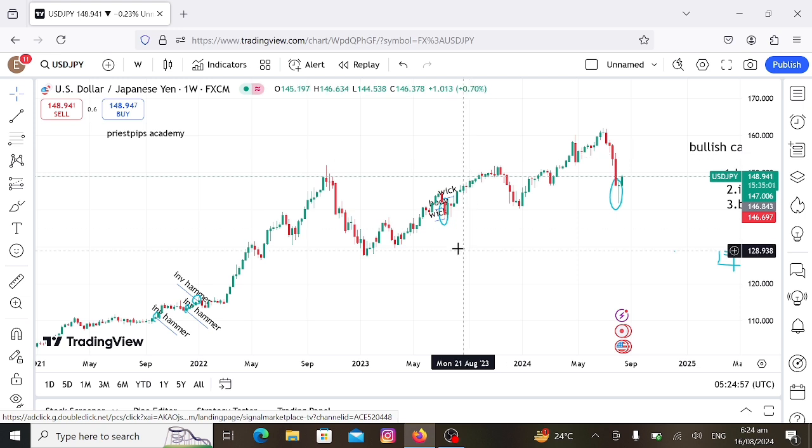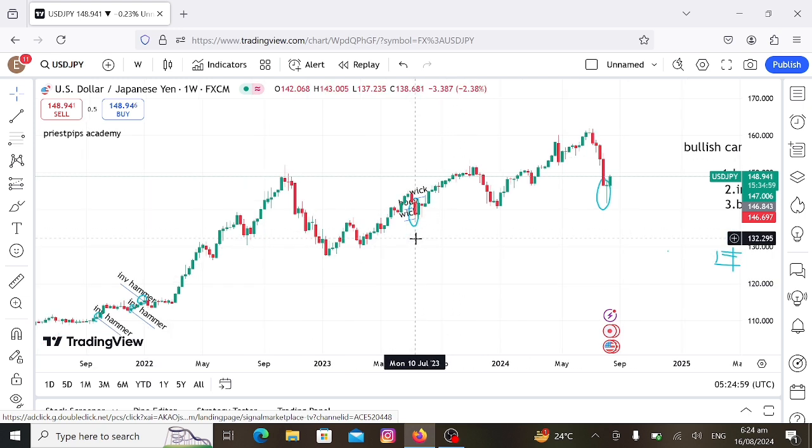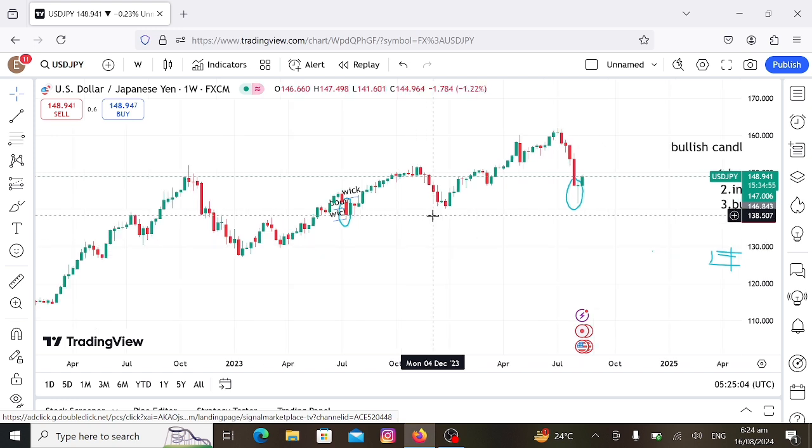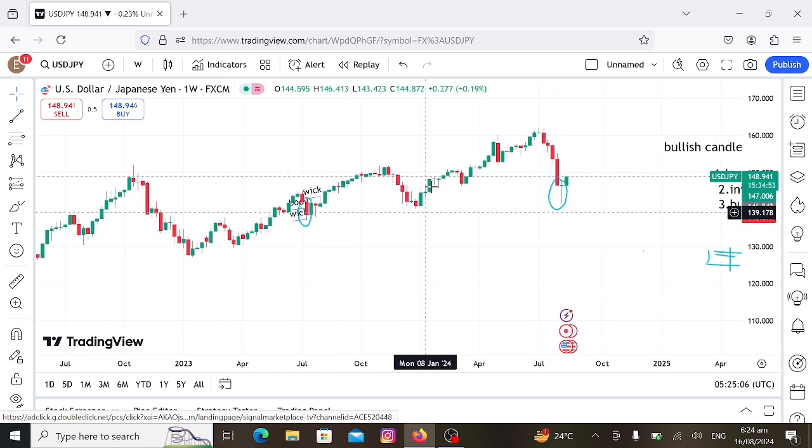Let me spot a better engulfing. Yes, this is a bullish engulfing.